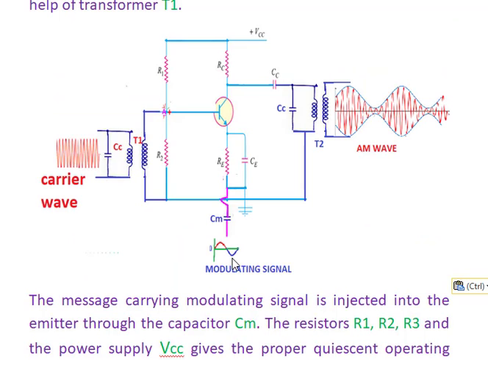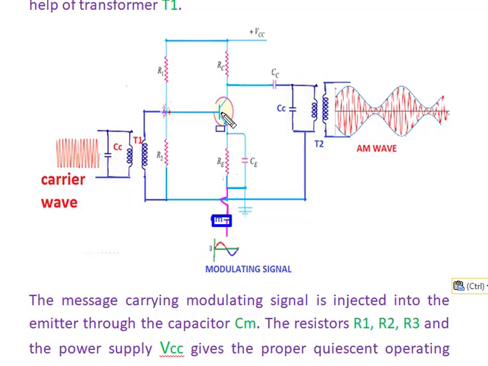The low frequency modulating signal is given to the emitter through the capacitor CM, and then it reaches the emitter through the resistor RE. So the carrier wave and the modulating signal combine here.